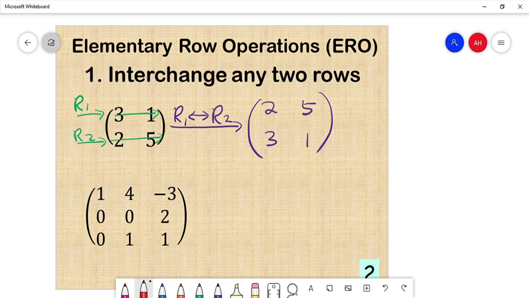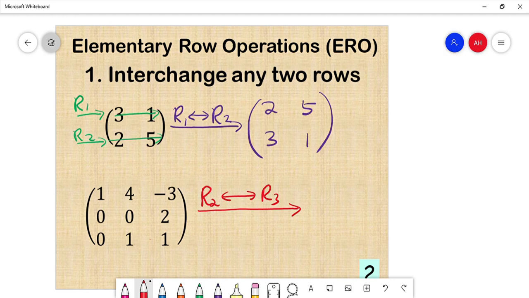All right, let's continue with the 3 by 3 matrix over here. For example, in this matrix, we are interested to know how the matrix looks when we interchange row 2 and row 3. See what happened.